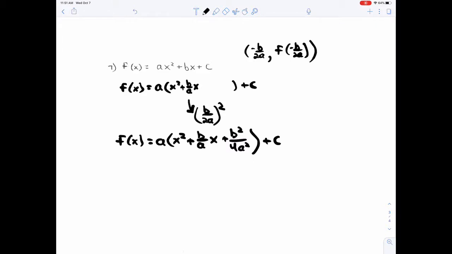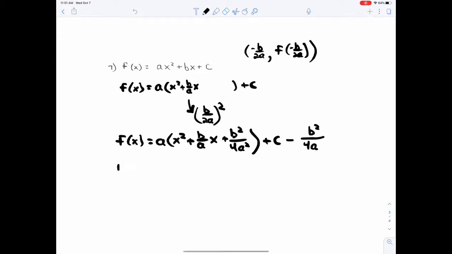So if I take a times that b squared over 4a squared, I get b squared over 4a. The a's cancel. So I have to subtract b squared over 4a. And again, why is it just 4a? Because I took this a and multiplied it by the whole fraction, so one of the a's canceled, and we ended up with b squared over 4a.